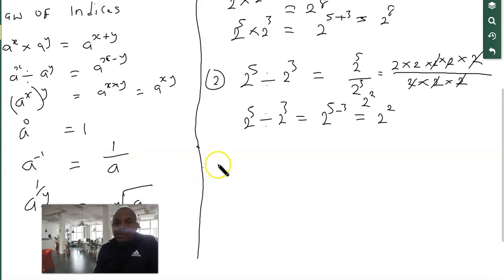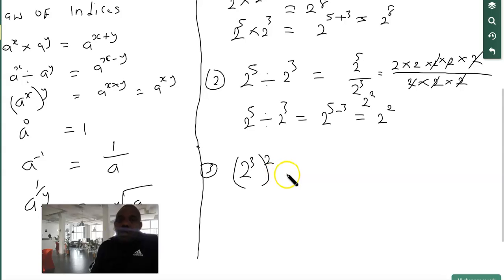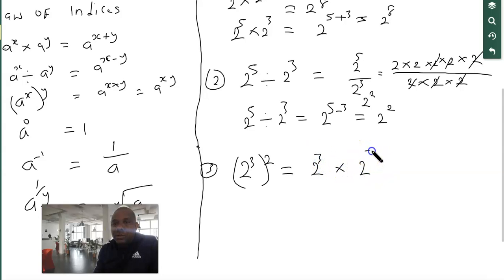Let's take the third law. Let's simplify 2 raised to 3, all squared. Normally it is 2 raised to 3 times 2 raised to 3.